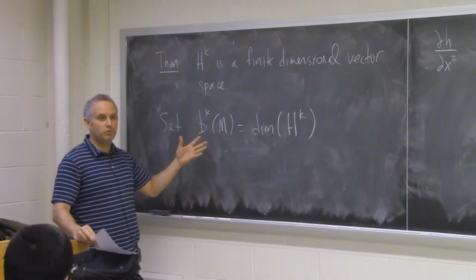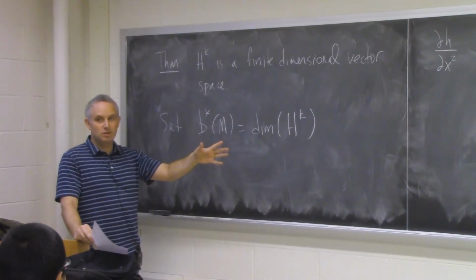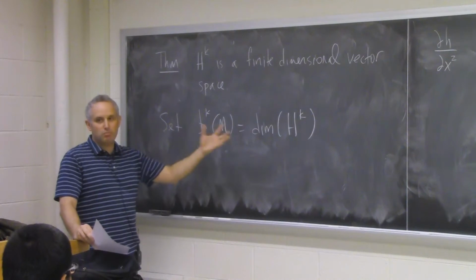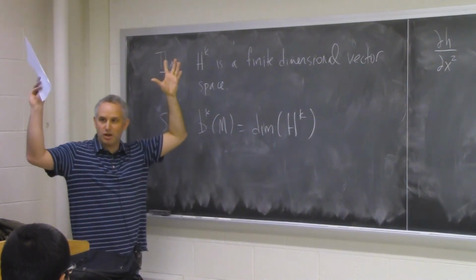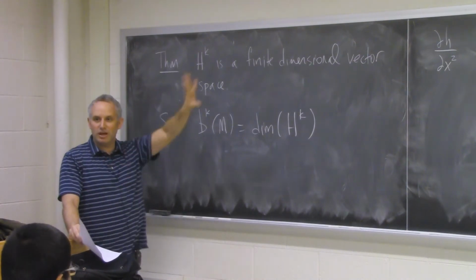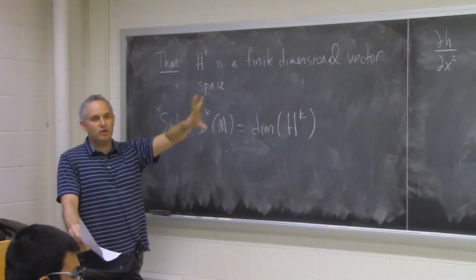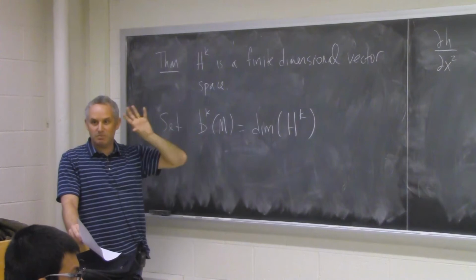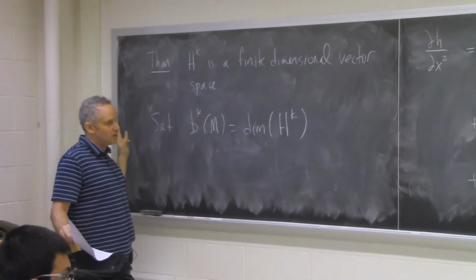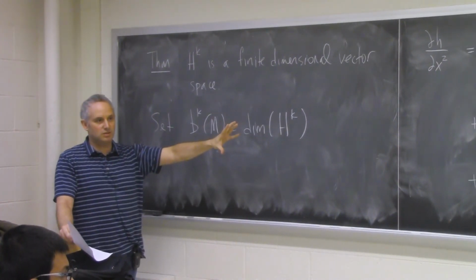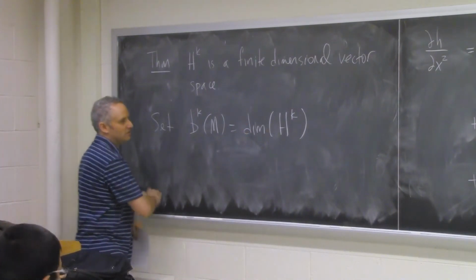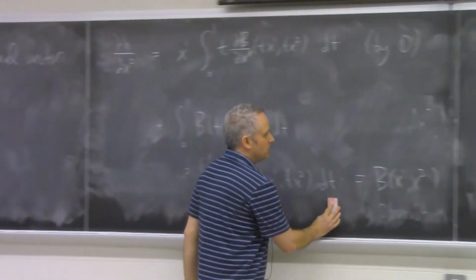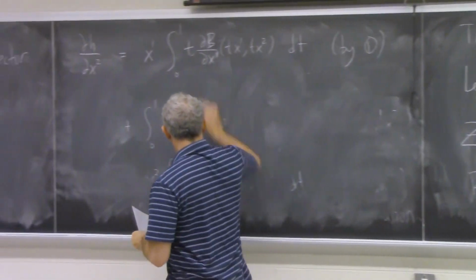So now look at what we've done. We start with a manifold, and we've created a list of numbers. Very simple set of objects. A manifold could be very complicated, like F inverse of Q, where F is some map to 12 copies of RP^2. It doesn't matter, it's a manifold. But to this manifold, we've associated something very simple, a list of numbers. And this list of numbers has the following remarkable property.